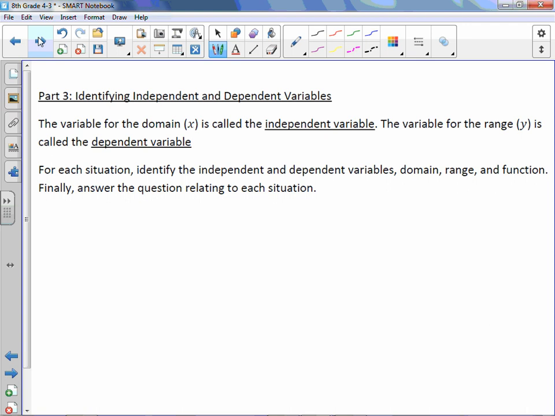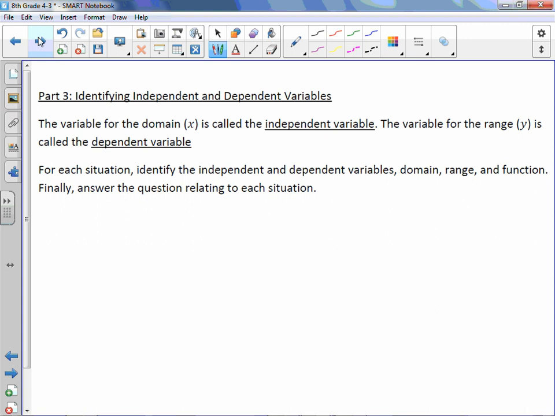The variable for the range, or y, is called the dependent variable, because your y, your range, depends on your x, or domain.